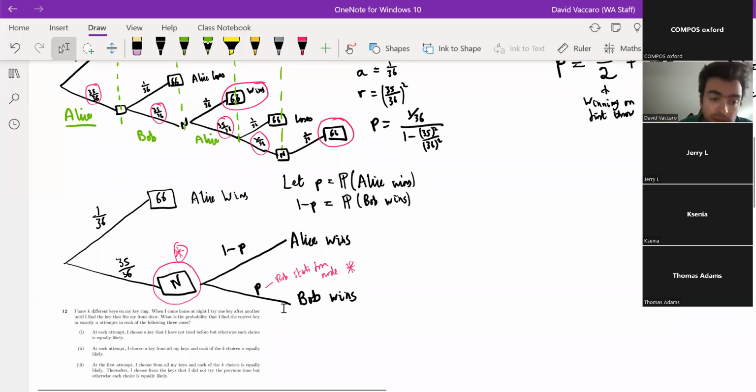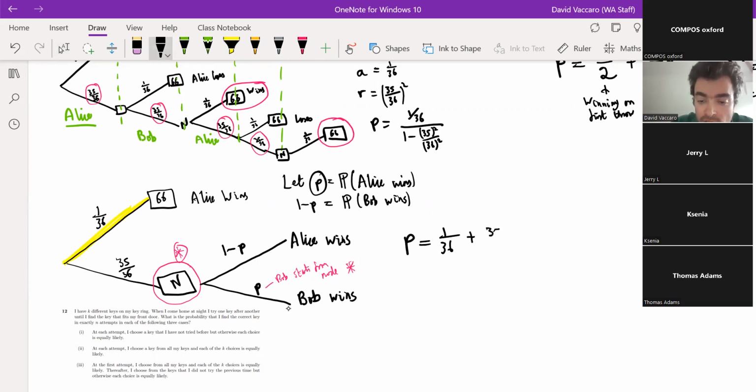Okay, so now we can do this regeneration idea. We can say that overall the probability that Alice wins, that's P, are the relevant branches on the tree. So one way Alice can win is 1 out of 36. Another way that Alice can win is 35 over 36, so the probability of not winning with a double six, but then winning as if she's Bob.